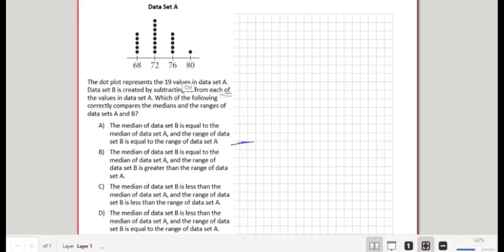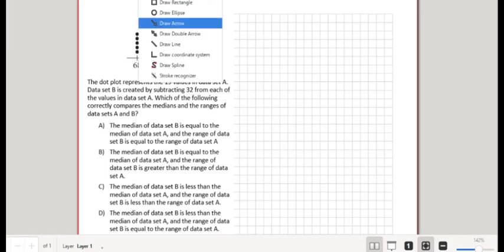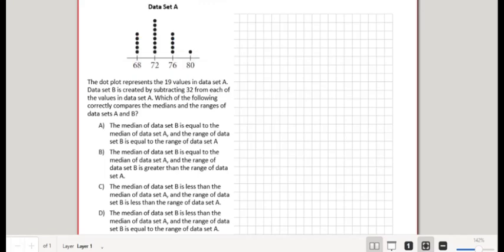What about dataset B? It's something similar to this one, but it's represented by subtracting 32 from each number. So we can draw a line here in order to draw dataset B, and we consider the numbers by subtracting 32 from each one.